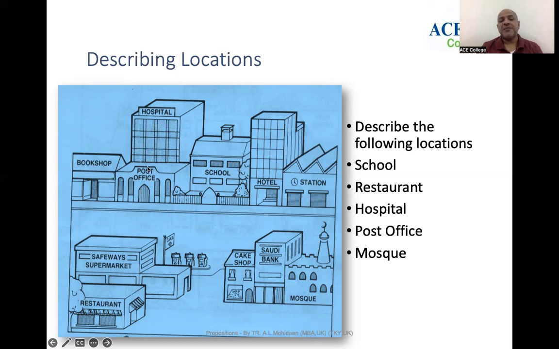Or you can say there is a hospital behind the post office. There is a bookshop near the post office. Okay, there is a mosque near Saudi Bank. There is Saudi Bank between the mosque and the cake shop. There is a restaurant in front of Safeway supermarket, in front of. So you can say there is a Safeway supermarket behind the restaurant.